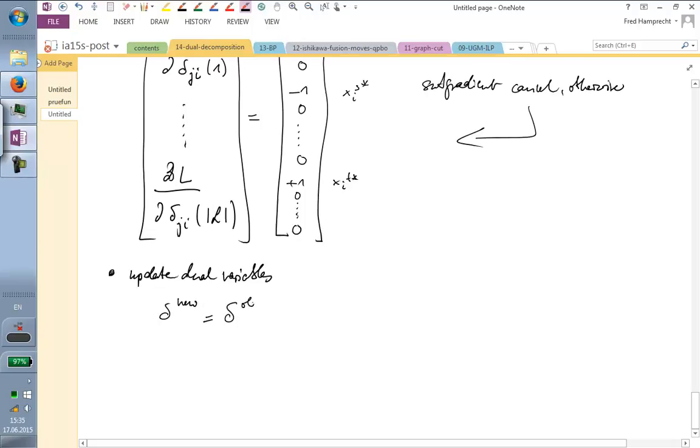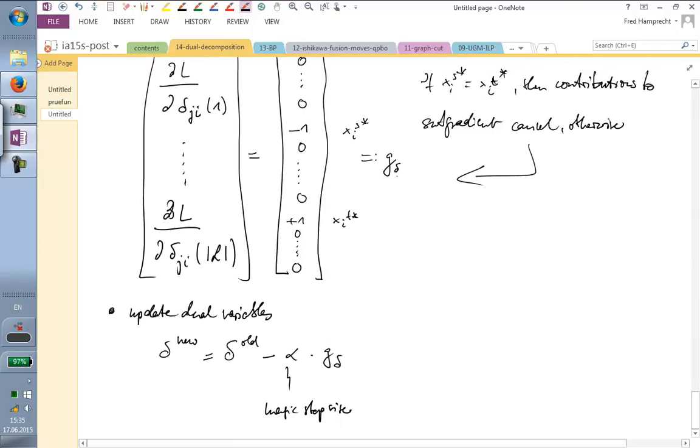So delta new equals delta old minus alpha, the magic step size, times this vector that we have just written down, the subgradient. Or this was one component of the subgradient, namely for the component here, delta_ji.